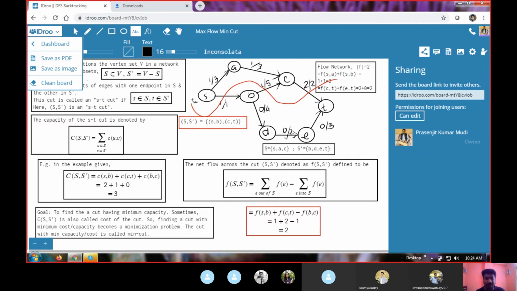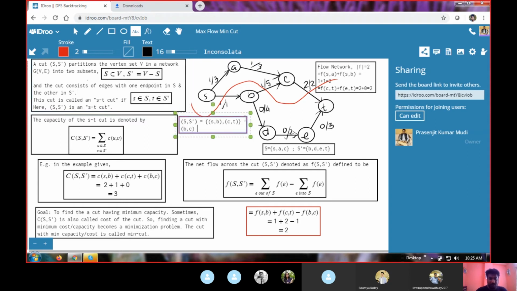Because S prime is an ordered cut set. So this is the definition of S comma S prime. The cut consists of edges with one endpoint in S and the other in S prime. So in BC edge, the first vertex B, it's an order.